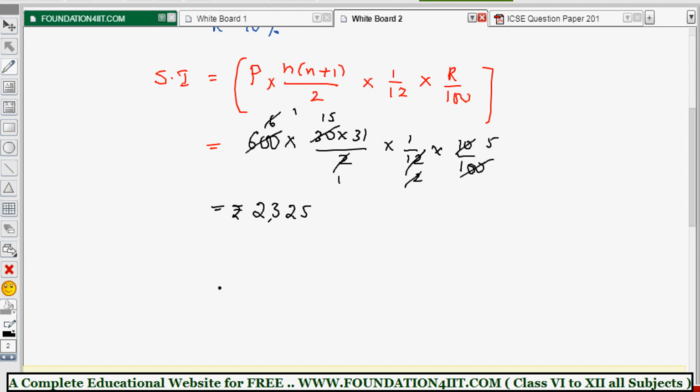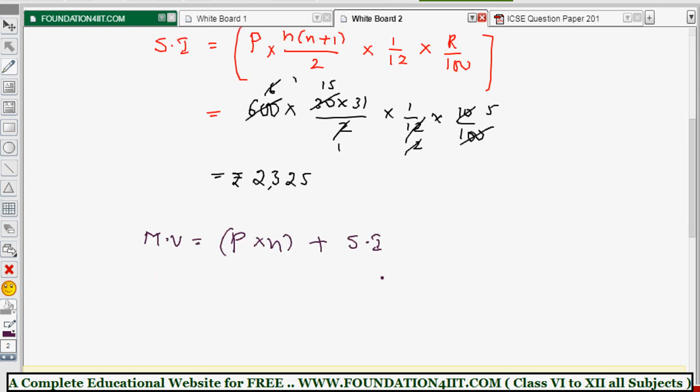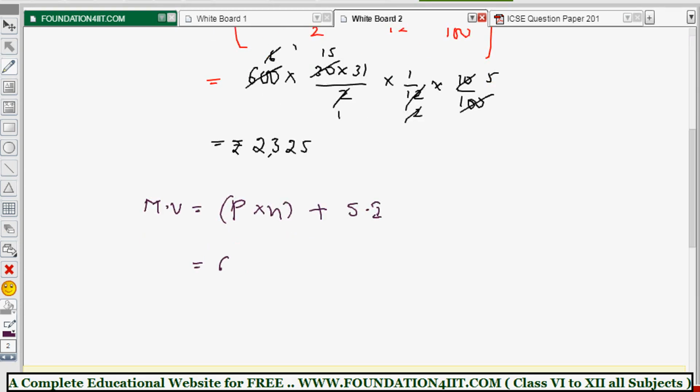Now we need to find out the maturity value. Again we have a formula for maturity value. So maturity value is equal to P into n, that is the monthly installment into n, number of months, plus simple interest. Okay, interest should be added extra. P is 600. She deposits continuously for 30 months. So 30 into 600 is actually what she deposited, plus simple interest 2,325.